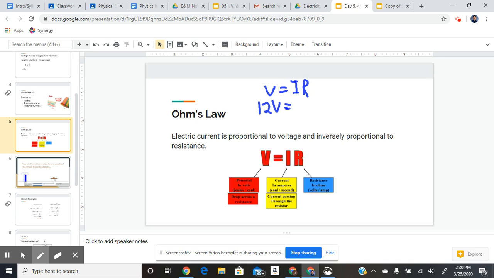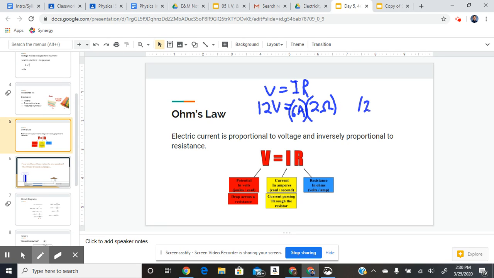If I have a 12-volt battery, and that's never going to change, then if you change the amount of resistance, that's going to change the amount of current within the system. So let's say I have 2 ohms of resistance. Well, that means I'm now going to have 6 amps of current. I changed the resistance, and that changes the amount of current within the system.